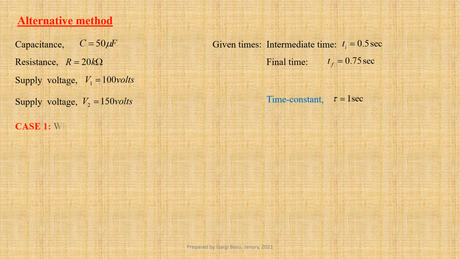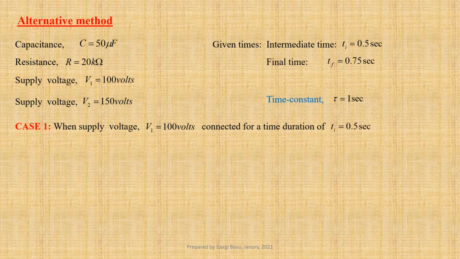Case 1. When supply voltage V1 equals 100 volts connected for a time duration of Ti equals 0.5 second.